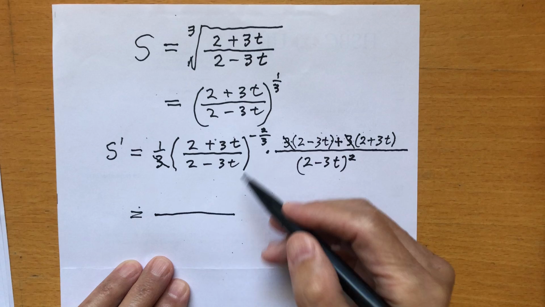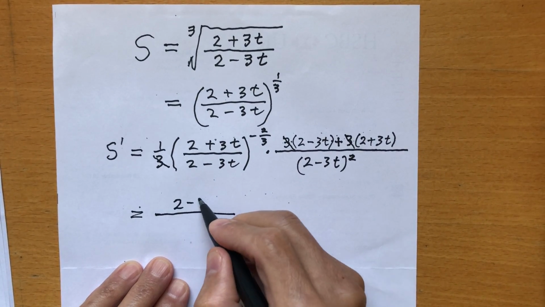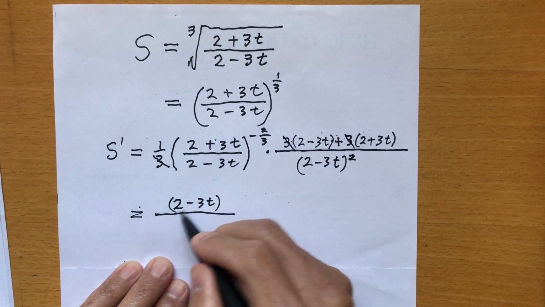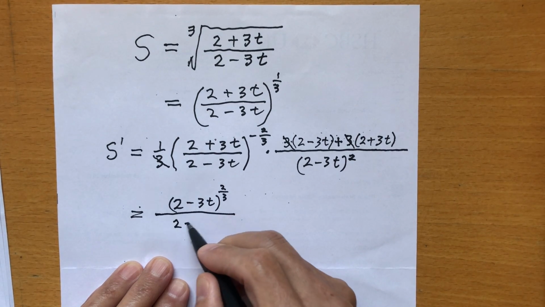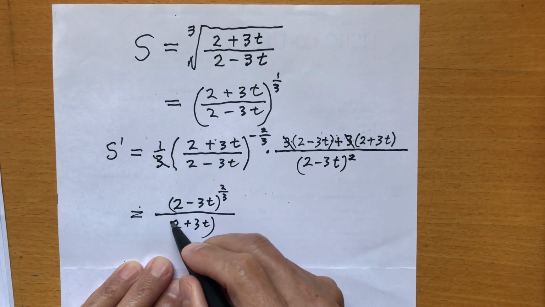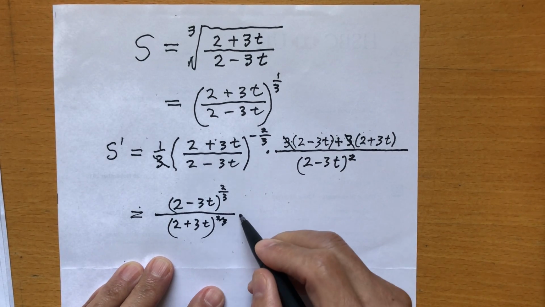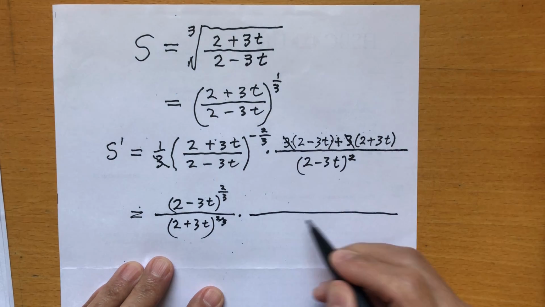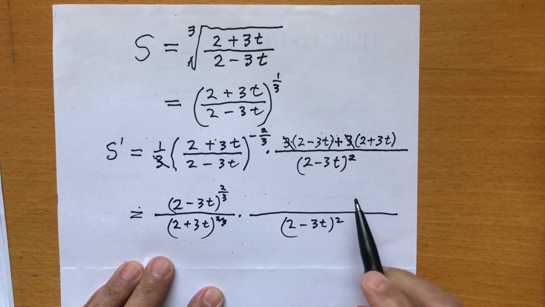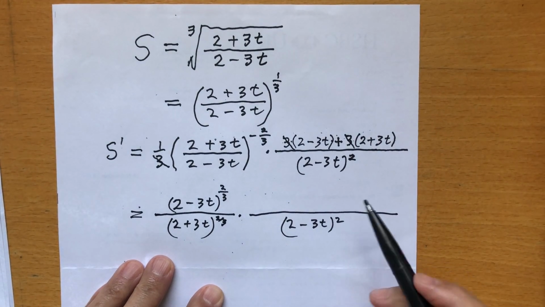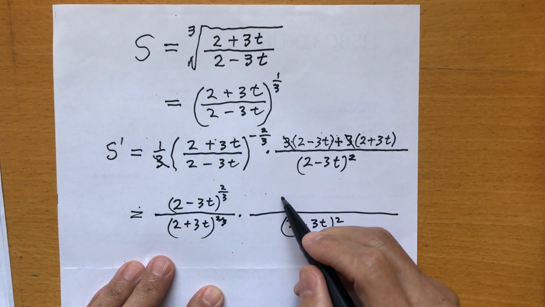This is negative exponent, so I flip it, and negative becomes positive. And 2 plus 3t, negative becomes positive. So multiply this. Here, 2 plus 2 is 4.